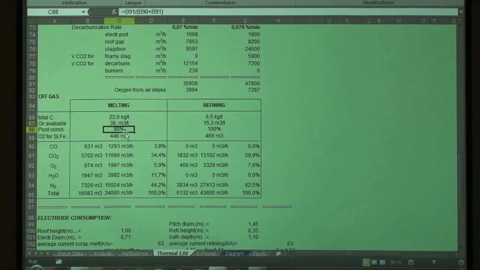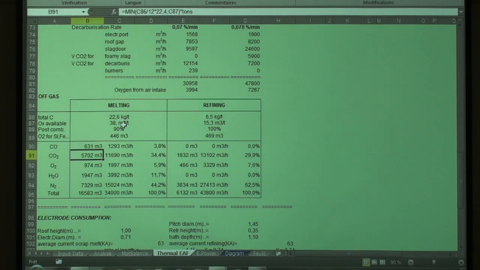So the post-combustion rate is given by this ratio. So I have to calculate the CO and the CO2. The CO is the carbon minus the CO2, and CO2 is given by carbon and C87.